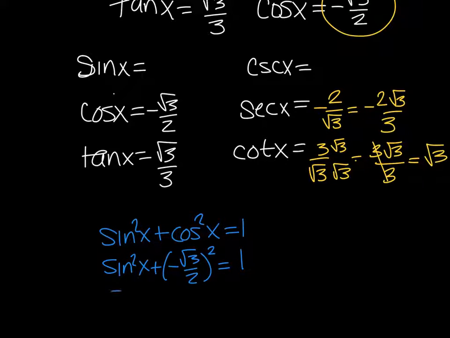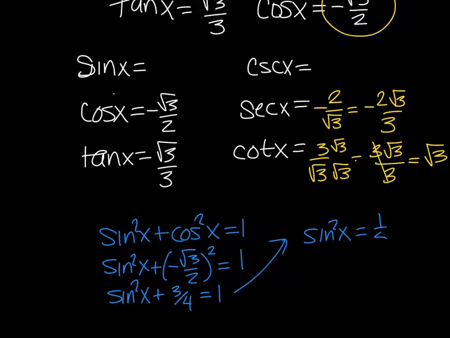So then we get sine squared plus 3 over 4 equals 1. Subtract 3/4, so now I have sine squared equals 1/4. Square root both sides, and I get sine equals 1/2.